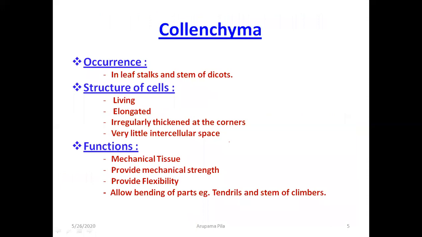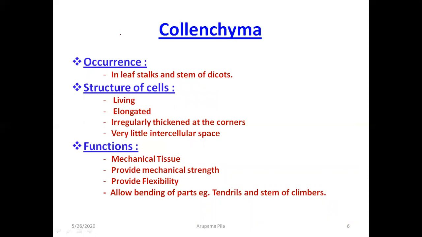Now let's come to the second one, that is collenchyma. The flexibility in a plant is due to another permanent tissue called collenchyma. You must have seen some plants which are very flexible. When there is a high speed wind, the stem of the plant doesn't break. Why?